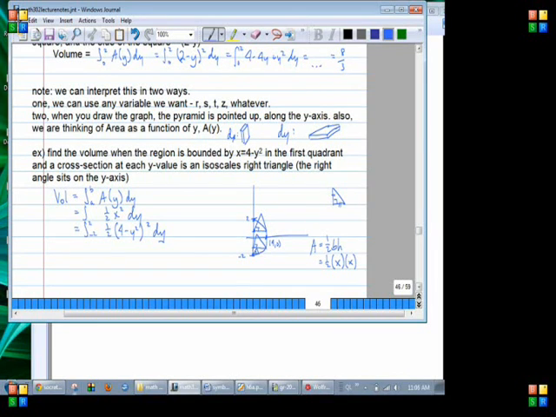So if delta y is negative, the base is still going to be positive in this case. Delta y is the width of each slice, and the area is always this formula. Even for negative y values, it's going to give you a positive value. So you don't need to tinker with it. It's fine the way it is.